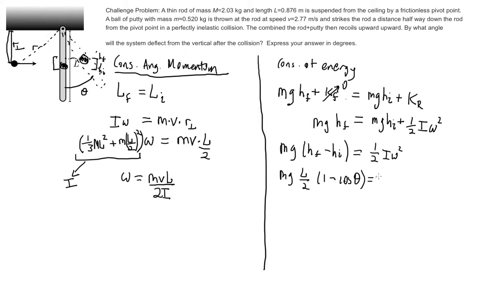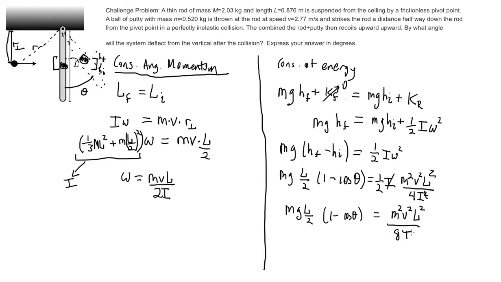That is equal to 1/2 I, and I can put in my value for omega, which gives me m squared v squared L squared over 4 I squared. I'll cancel that with the moment of inertia, and I end up with m g L over 2 times 1 minus cosine theta equals m squared v squared L squared over 8 I. I've got my I over here, a bunch of m's, g's and L's, and what I care about, the cosine of the angle.